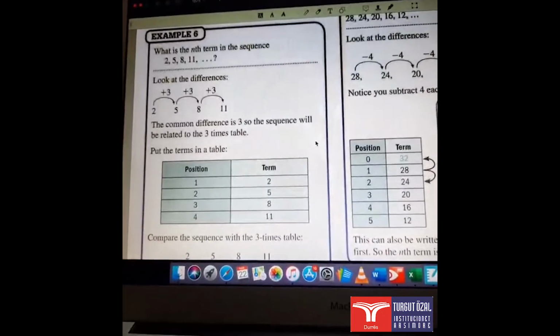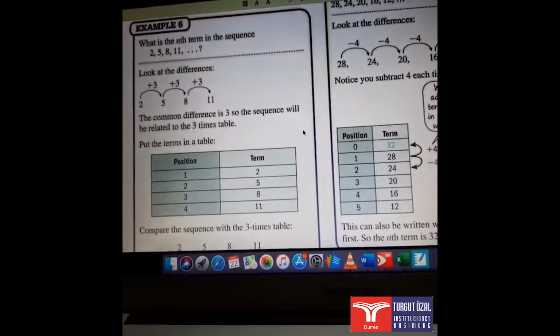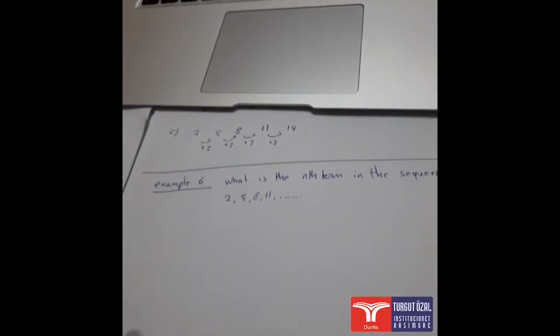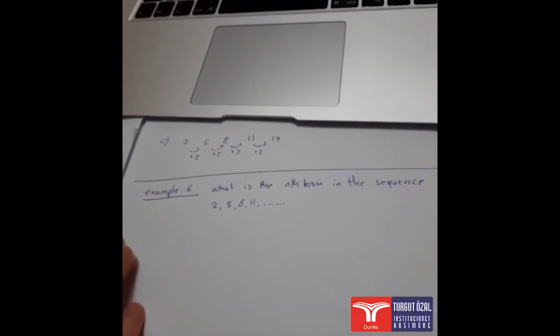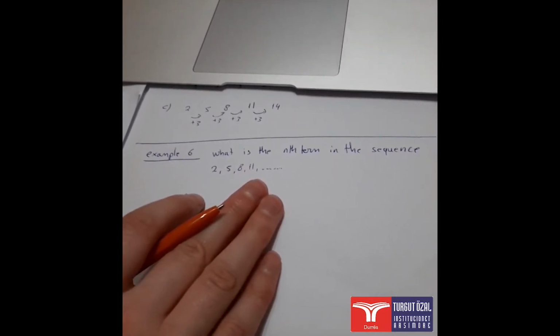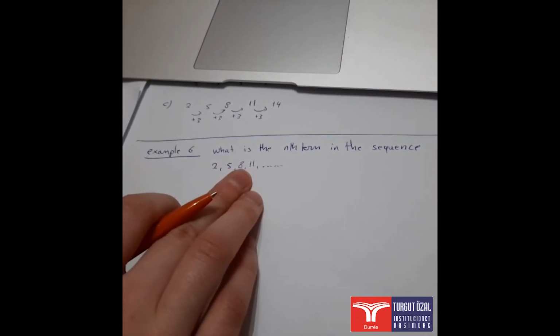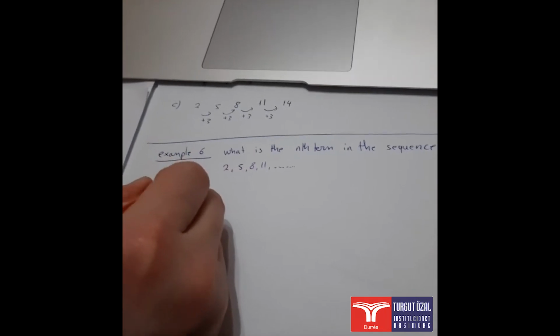Another way of generating the position-to-term rule for a sequence will be given now. So let's compare it with exercise 6. What is the nth term in the sequence 2, 5, 8, 11? We said that each of the numbers is a term, and we can name them as A1.